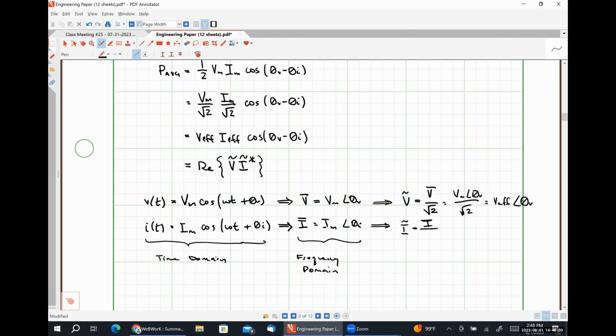So I phasor divided by root 2 is going to look like Im angle theta I divided by root 2, or I effective angle theta I.